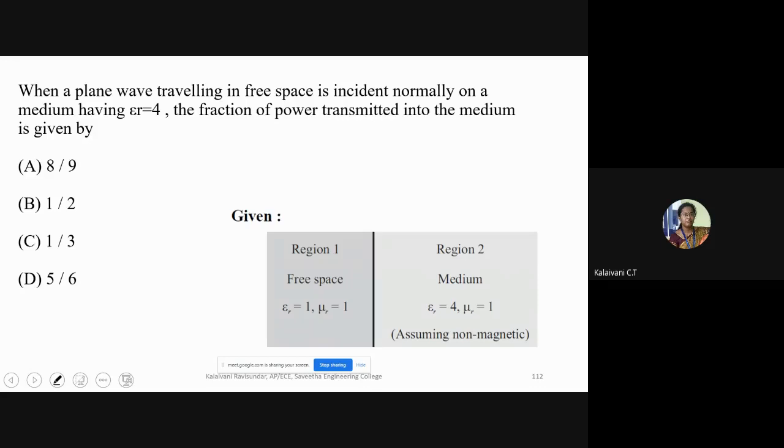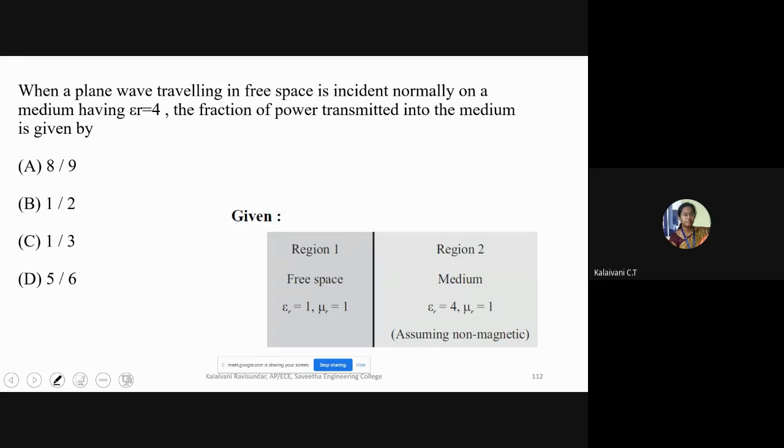So region 1 is free space, epsilon r equal to 1, mu r equal to 1. Region 2 is some medium. We don't know what the medium is. They have given only the value of epsilon r. So we will assume it as a non-magnetic medium and take mu r equal to 1. Most of the time, when the parameters are not given with respect to epsilon r or mu r, we assume it to be 1.